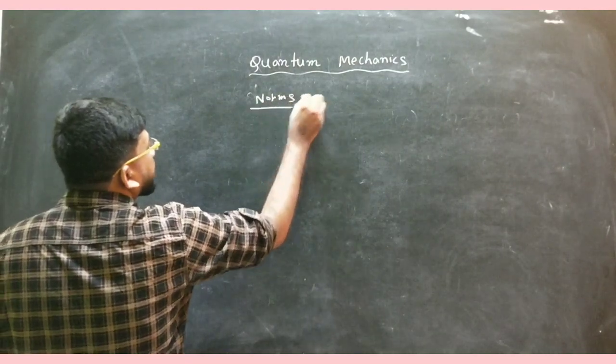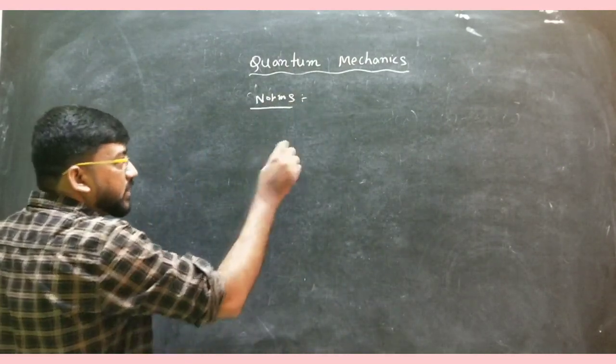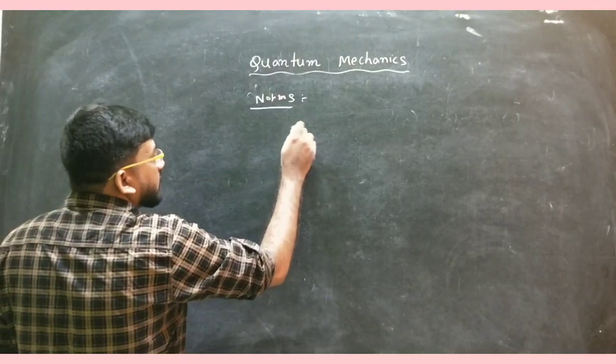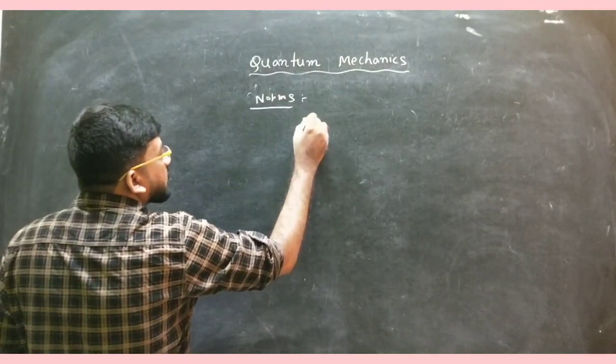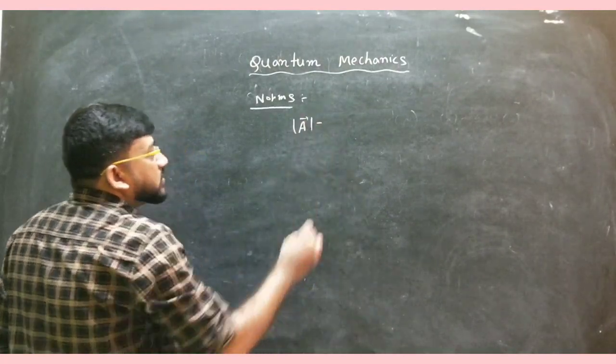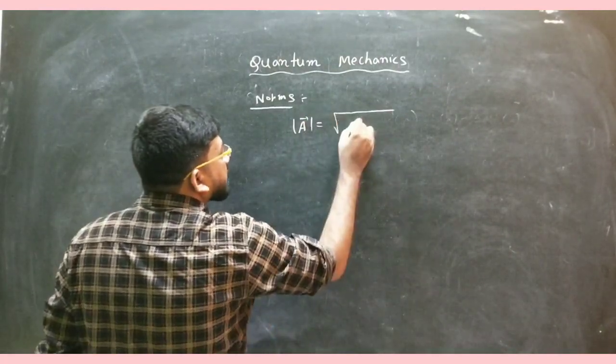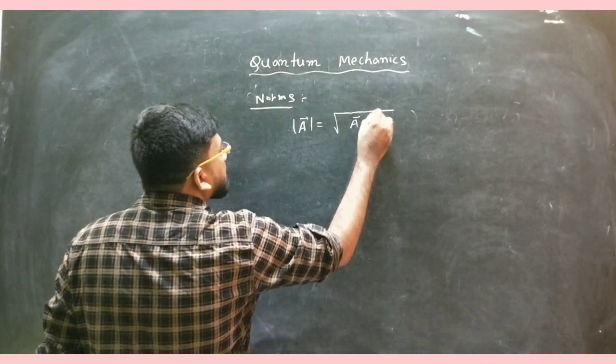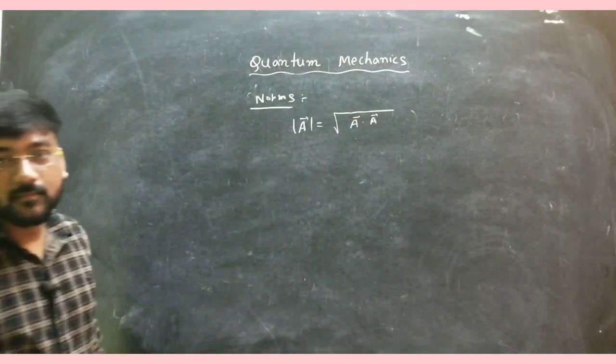Norms of this function. You know, in your ordinary three-dimensional vector, if you have a vector a, then mod a is nothing but root over a dot a. This is known as the norm of vector a.